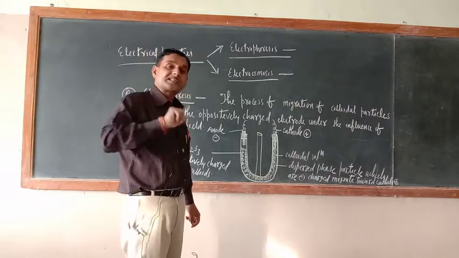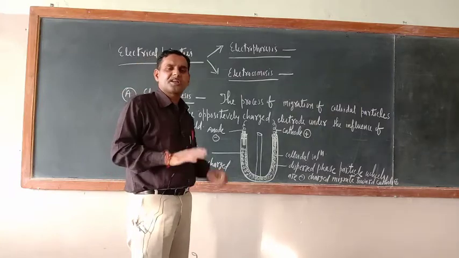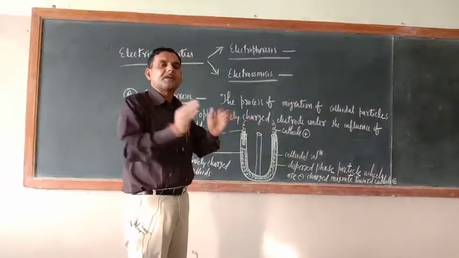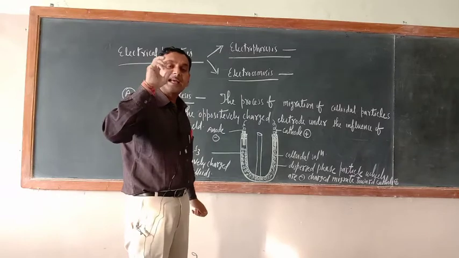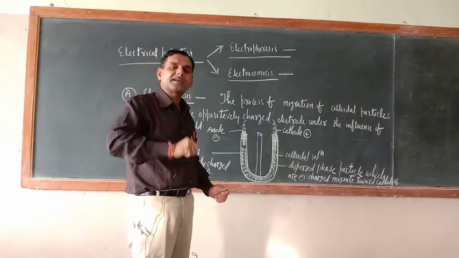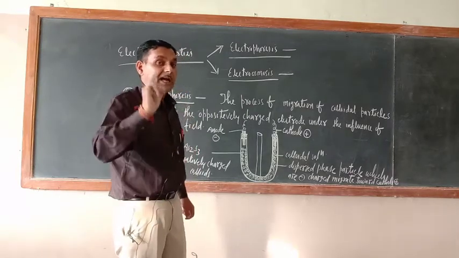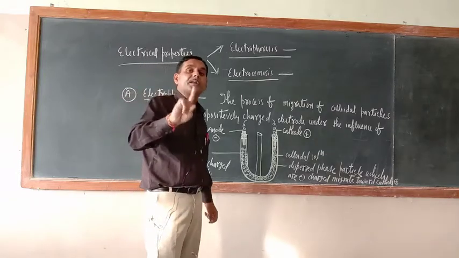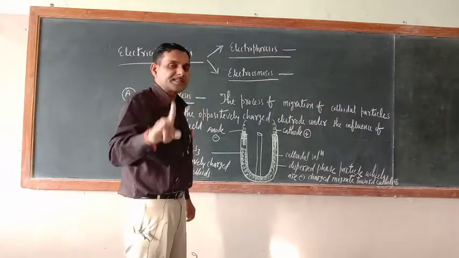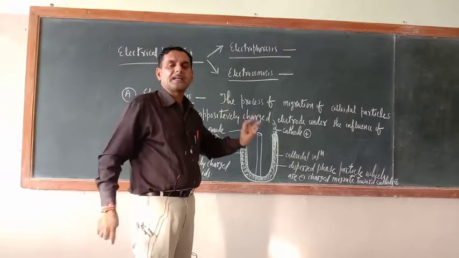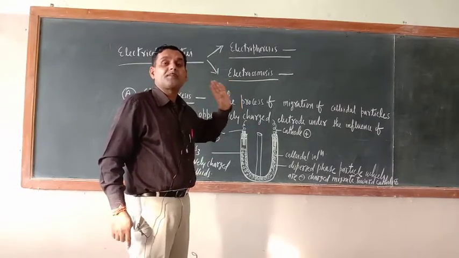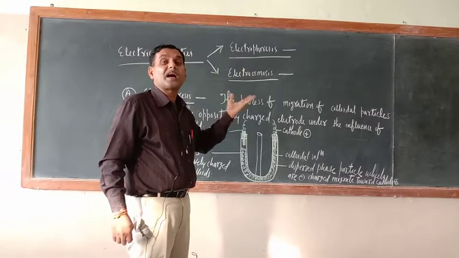Otherwise, if charge is not there on their surface, they will come together and aggregate, collect together and settle down, and settling down is not a property of colloidal solution. So for the stability of colloidal particles, a minimum amount of charge is required on their surface.